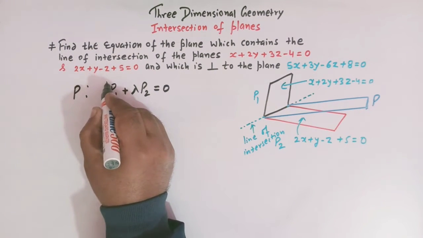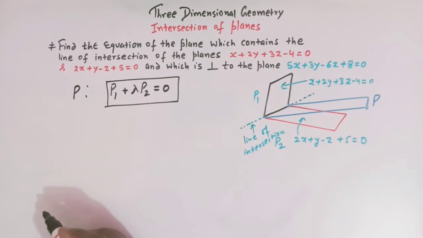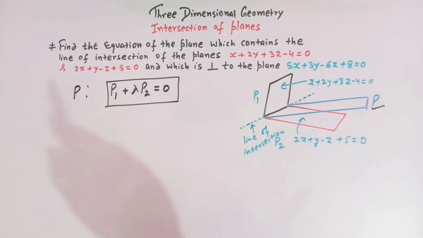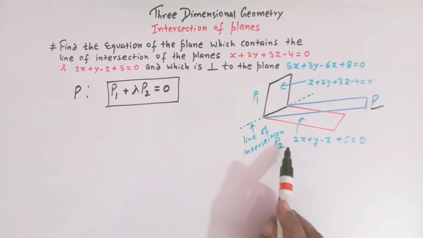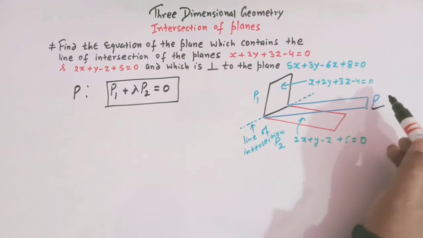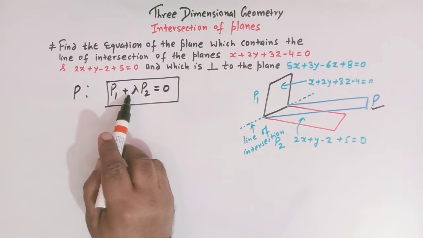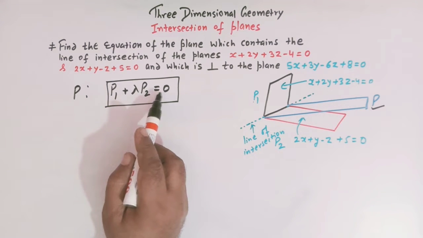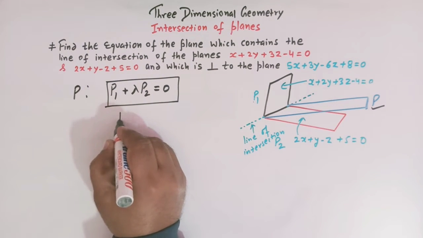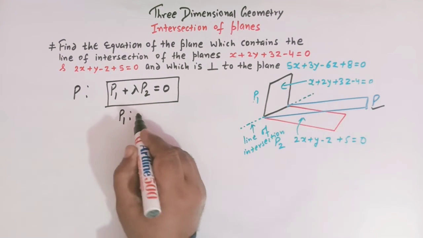This is the key concept in the intersection of planes. So the equation of any plane P which passes through the line of intersection of two given planes P1 and P2 is given by P1 plus lambda P2 is equal to 0.